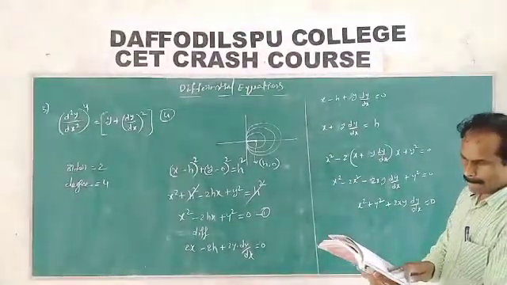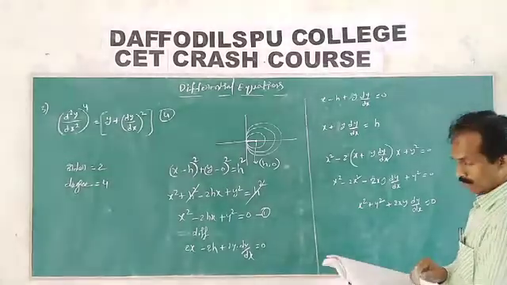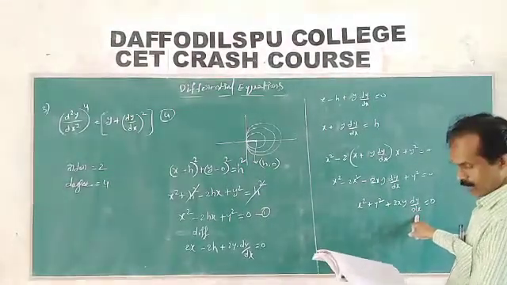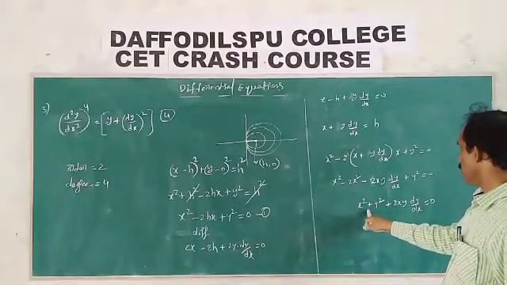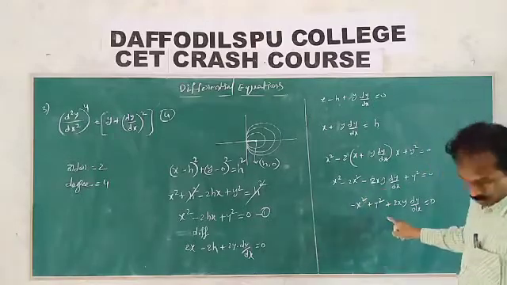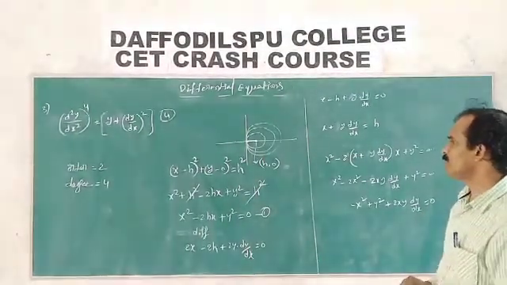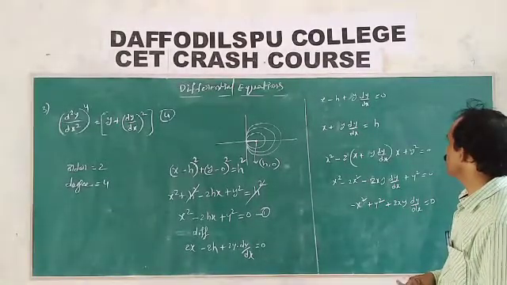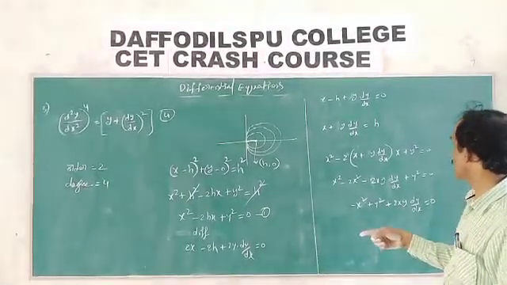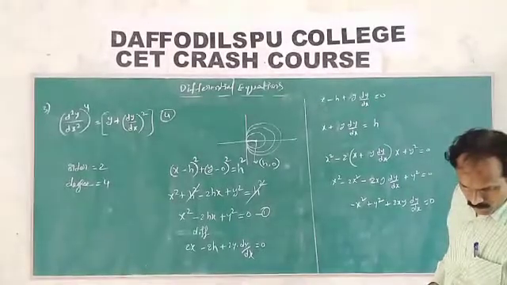Options are dy by dx equals x square minus y square over 2xy, and so on. In this problem, we got y square minus x square, but the option y square minus x square is not there.